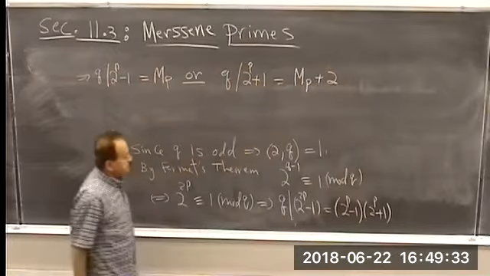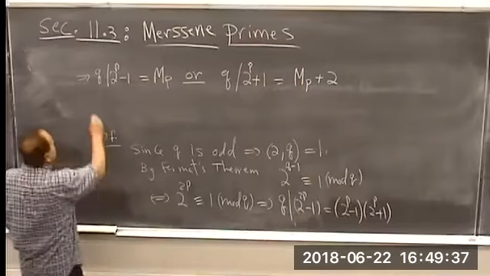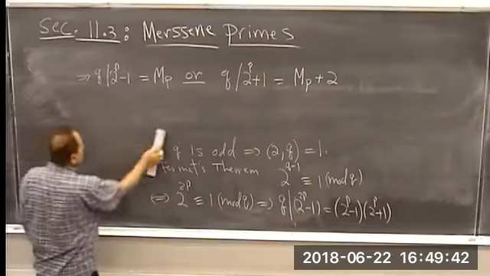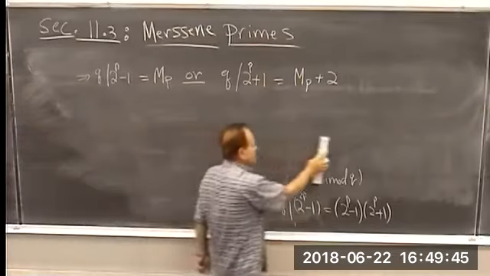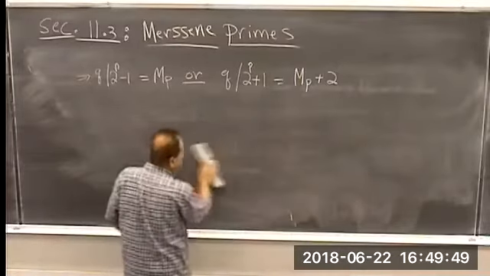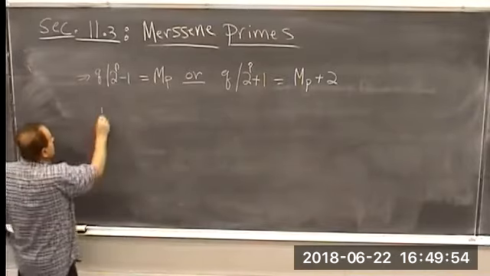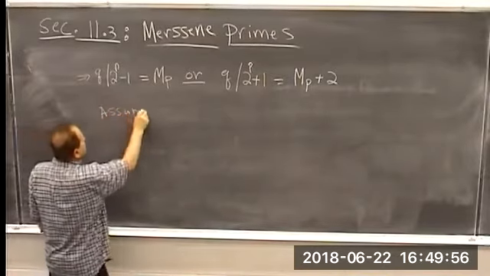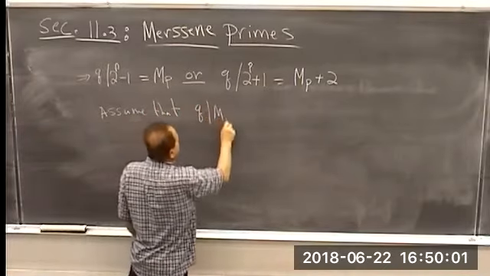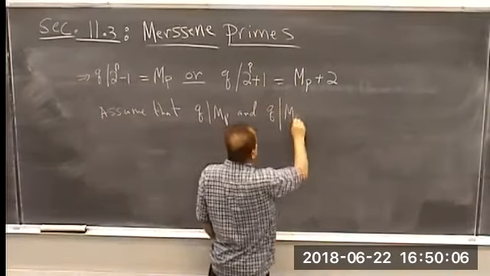All right. Now, it doesn't divide both. Assume Q does divide both, then this is going to lead to a contradiction. Assume that Q divides M sub P and Q divides M sub P plus 2.